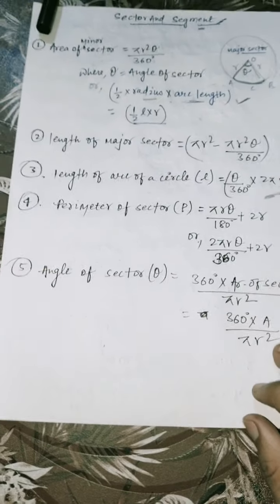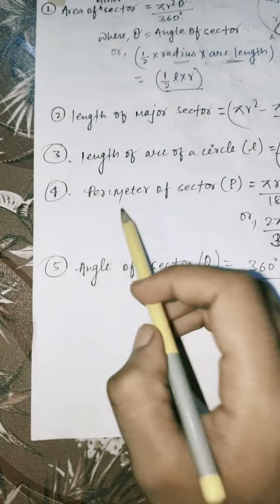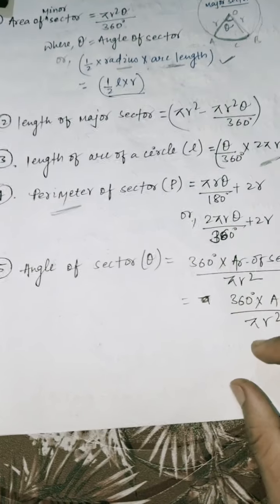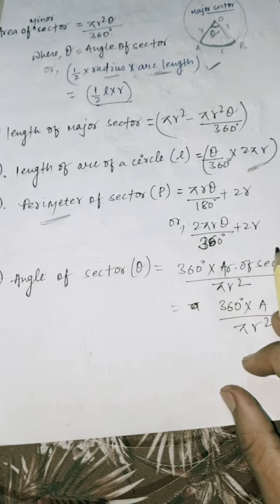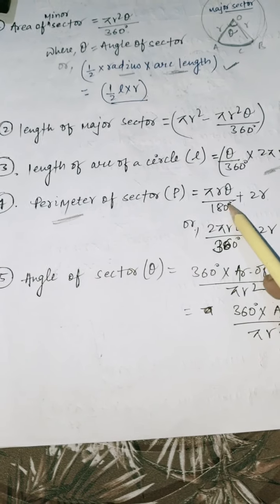Okay. Now if we have to calculate the perimeter of the sector, then we can apply the formula pi r theta by 180 plus 2r.